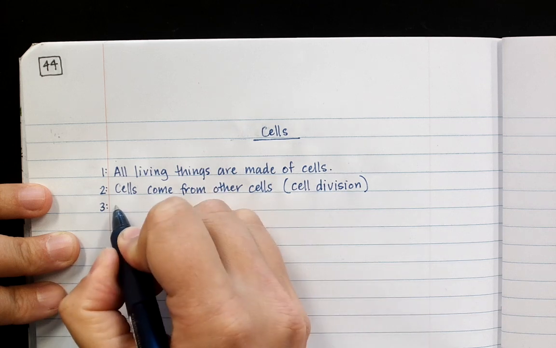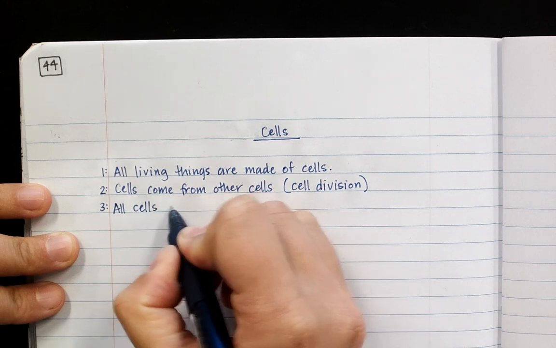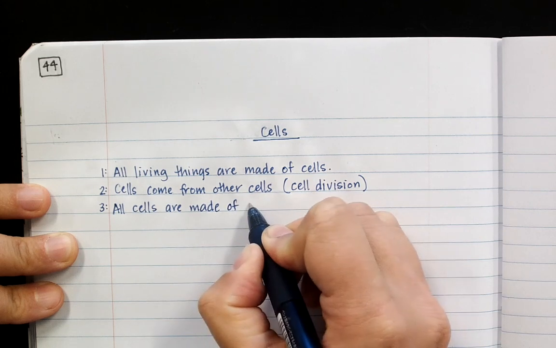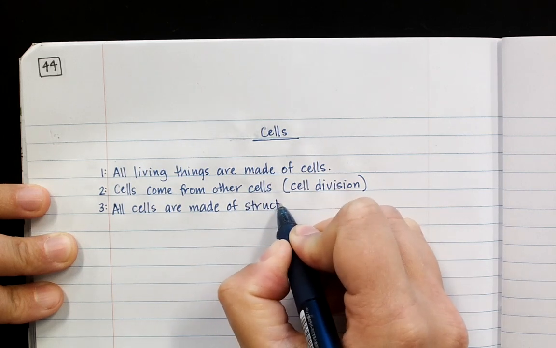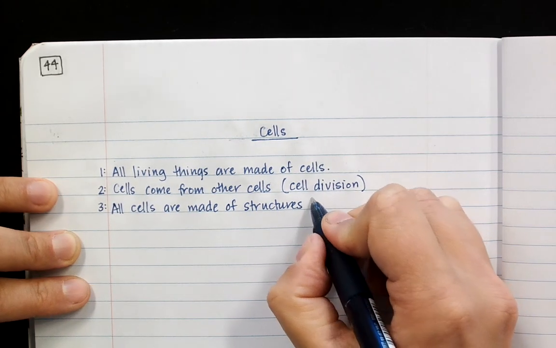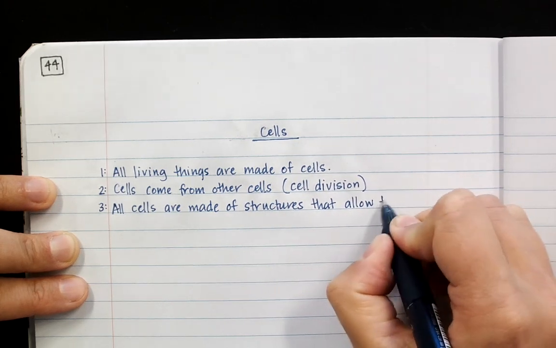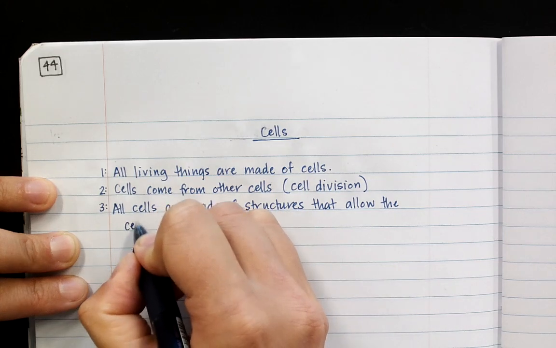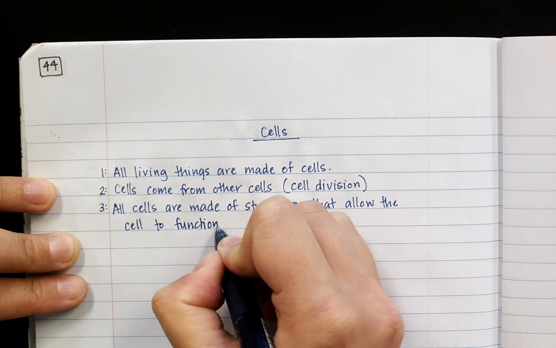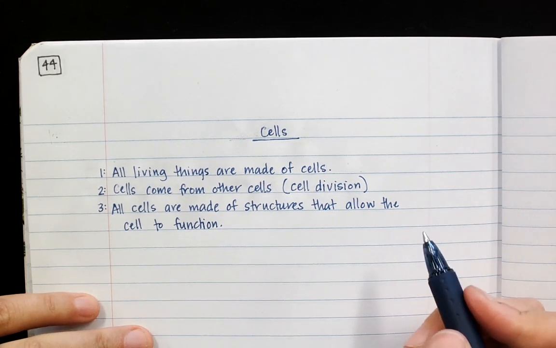all cells are made of structures that allow the cell to function. And you might be thinking of that song, cells, cells are made of organelles, try to pull a fast one, the cytoplasm gels.